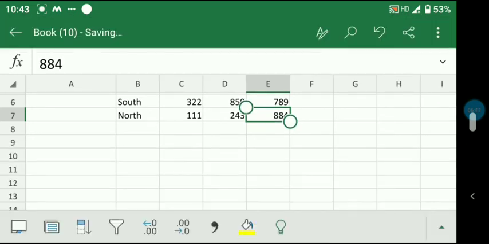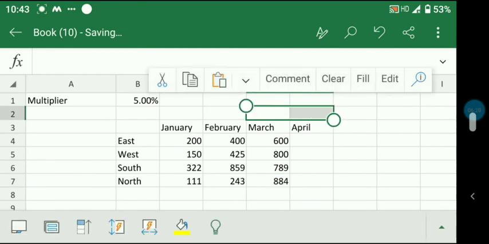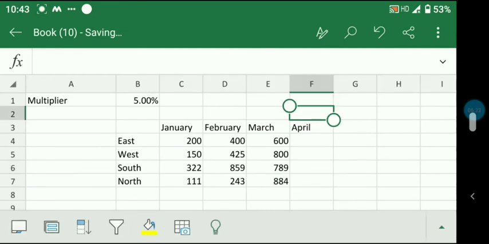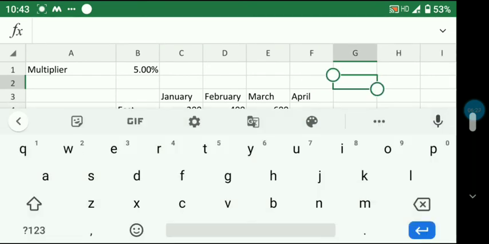So you are able to see my data table is ready. This is actually only the month of April. It is a projected column, so I am writing the projected part.